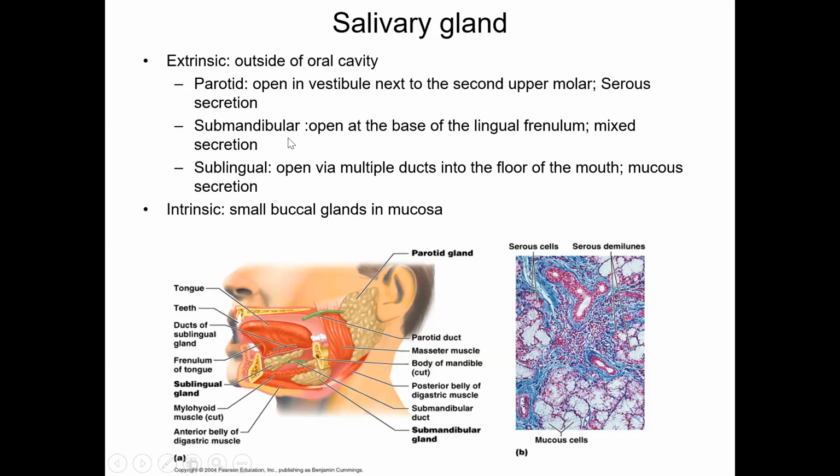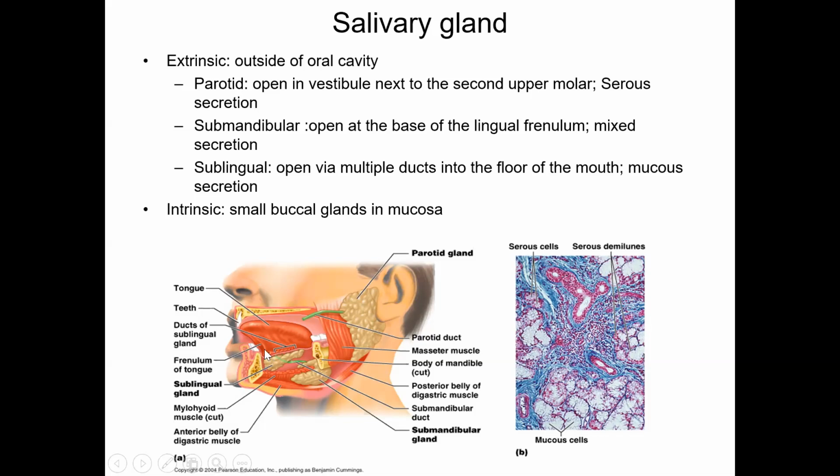The submandibular gland, which is labeled right here, has two major ducts, one on each side, opening at the side of the lingual frenulum. Do you remember this one I was talking about? This separation on the inferior side of the tongue separates the tongue from the left to the right side.